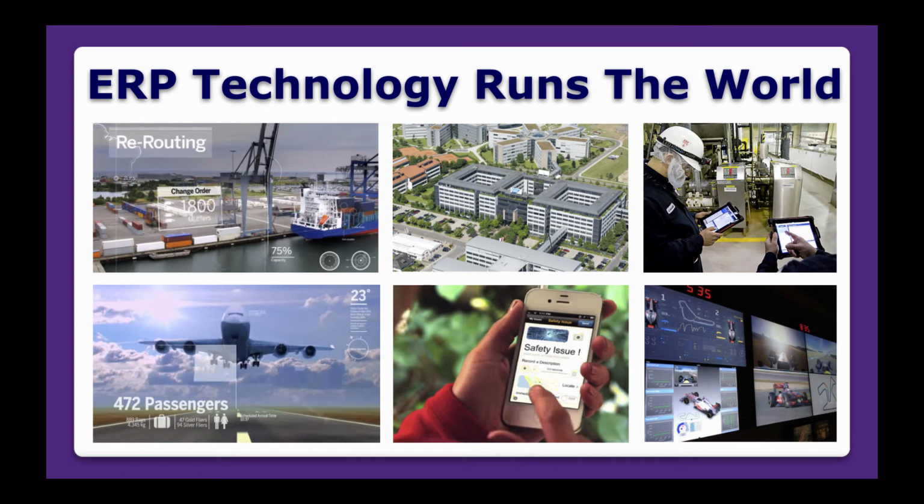Enterprise resource planning technology has begun to run the world, really, and there are lots of different things happening that are coordinated through an ERP system. So, for example, at the top left here we have the rerouting of an order. A change order is sent to the loading master of a ship, so that different containers are put onto an ocean-going ship.